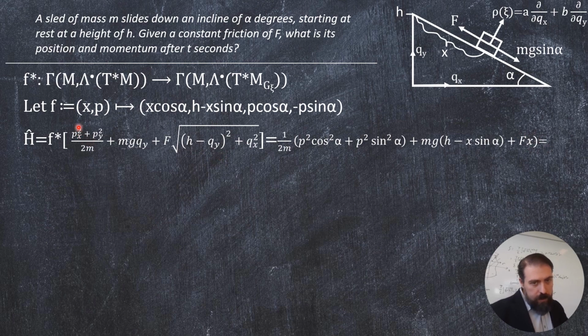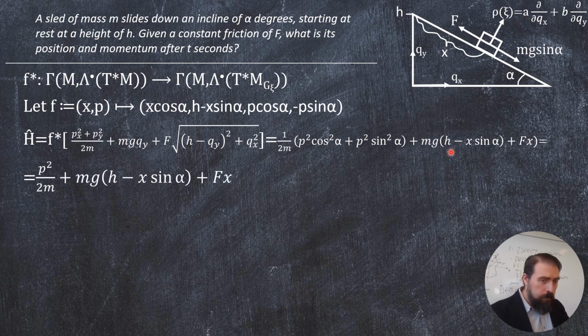As for px squared, that's this squared, and py squared, that's this squared, and because of the trigonometric unity here, we'll just get p squared out of this factor. As for the mgqy, I'll just use the formula for qy here, and this term becomes mg parenthesis h minus x sine alpha. So with that slight simplification with the trigonometric unity, I get this expression, which is a lot simpler.